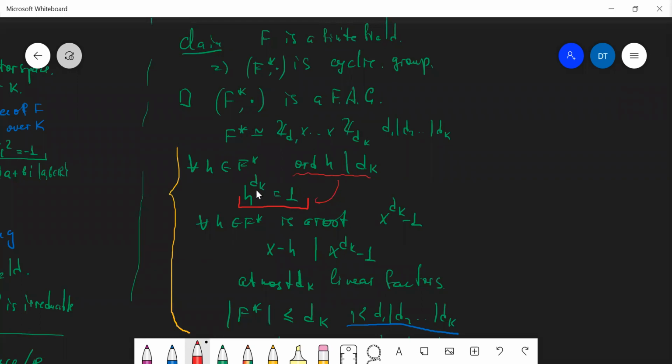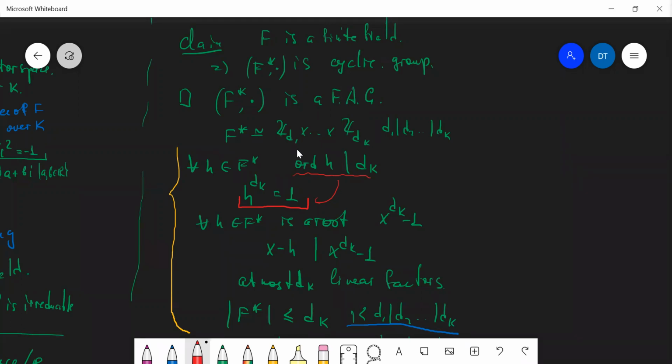So how to prove this? You need to prove that each element here to the power of d is 1. This is the same as proving that each element here multiplied by d is 0. So if you multiply everything here by d_k, since d1 divides d_k, after multiplying the first coordinate by d_k, you will get 0, because the result will be divisible by d1.